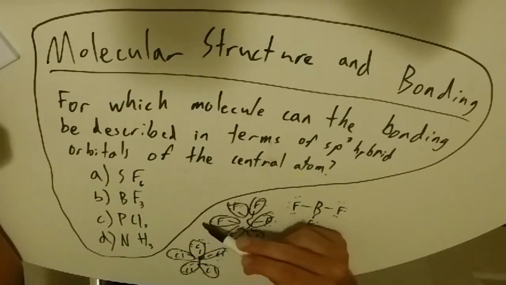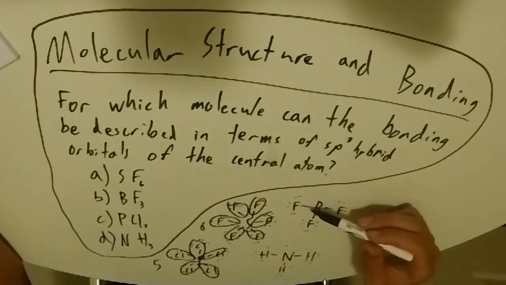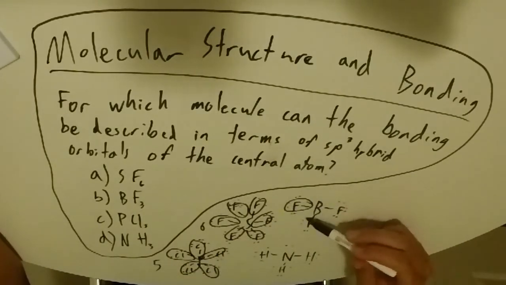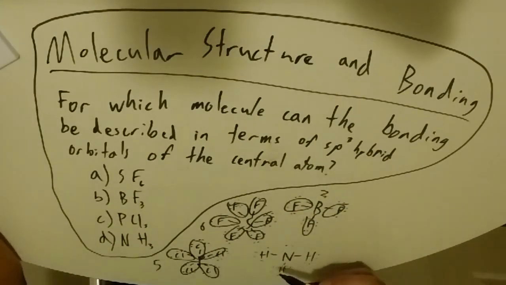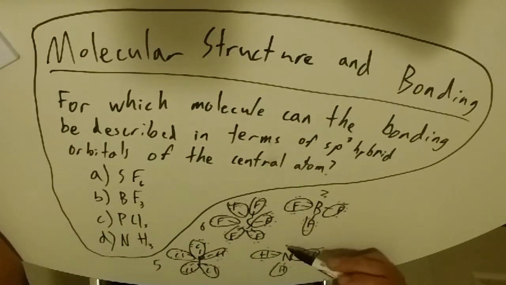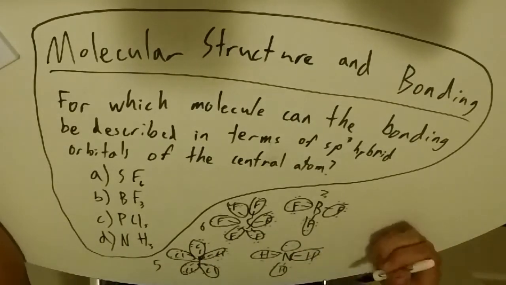So we have 6, we have 5, for BF3 we have 1, 2, 3, we have 3, and for NH3, we have 1, 2, 3, and 4 because of the lone pair over there.